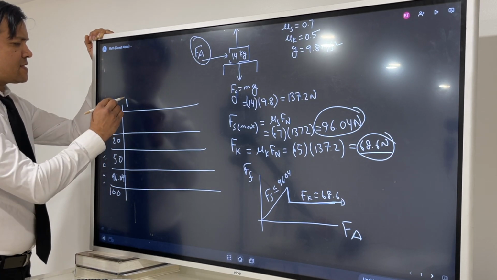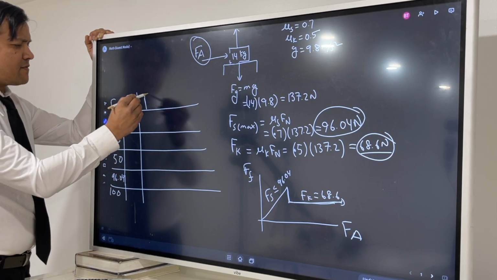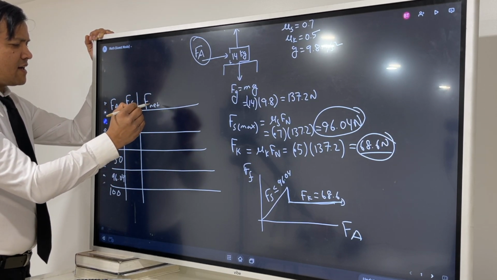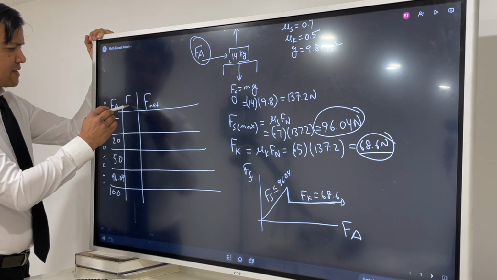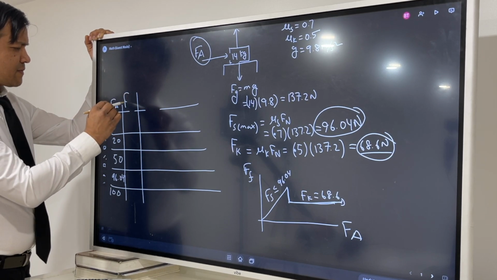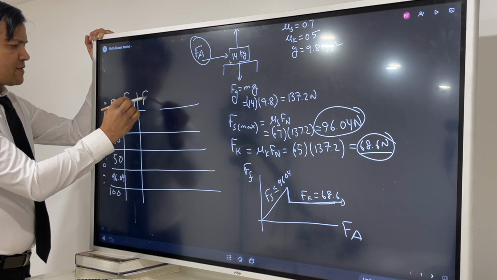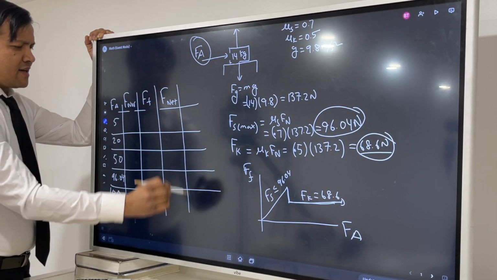Alright, what's going to be the force of friction and what's going to be the net force? Let's first find the normal force of this box, then the force of friction, net force, and then acceleration.